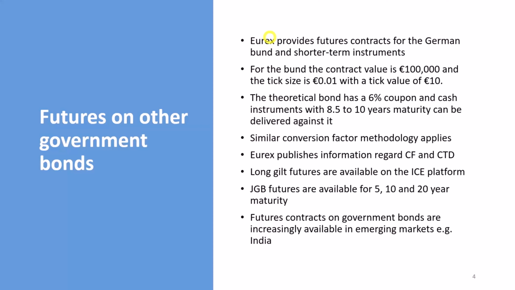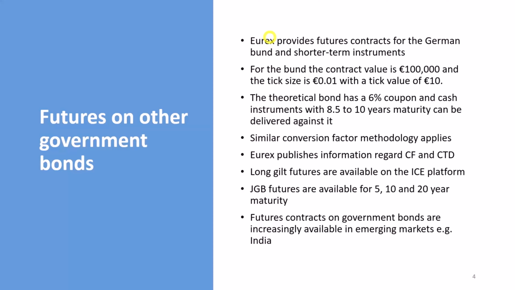Similarly to the US Treasury theoretical bond, this also has a 6% coupon, and cash instruments with 8.5 up to 10 years can be delivered against it. There is a similar arrangement for calculating the conversion factor.